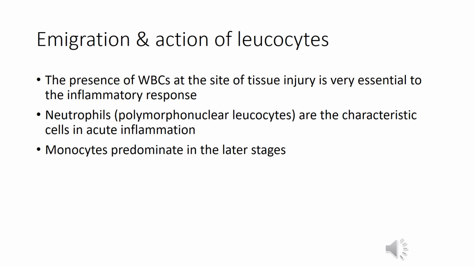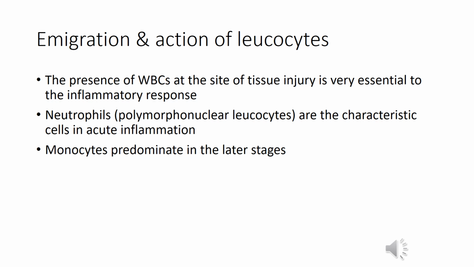Firstly, it's very important to remember that white blood cells are at the site of the injury or inflammation, because the inflammation could be caused by a microorganism, and their presence is important because then they will begin to fight the microorganism. Secondly, the tissue injury may be associated with death of cells, and these cells need to be removed by the process which we call phagocytosis, and we shall mention it a little bit later.